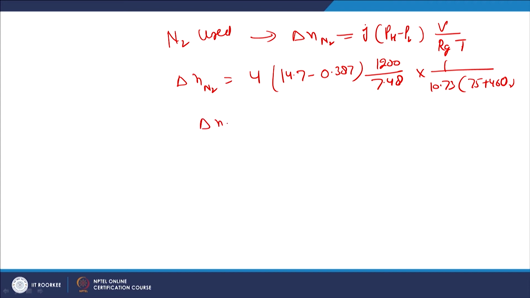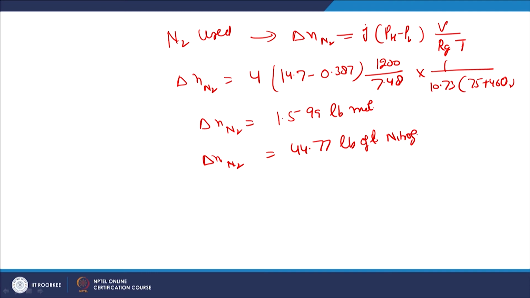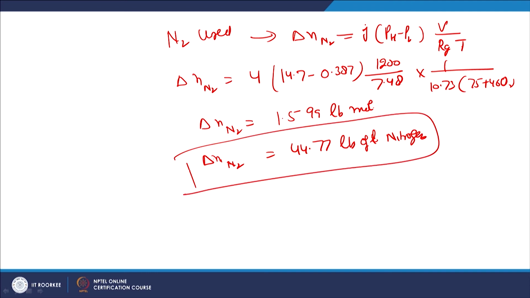If you calculate, it comes out to be 1.599 pound mole. So, if we consider in terms of total mass, it is 44.77 pounds of nitrogen. Now, this is the entire solution.